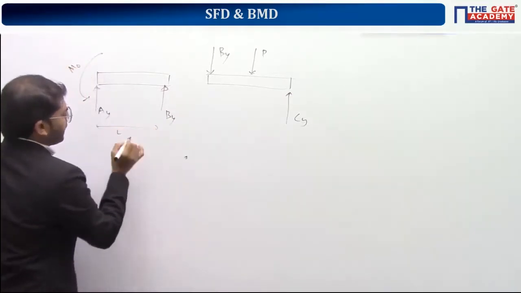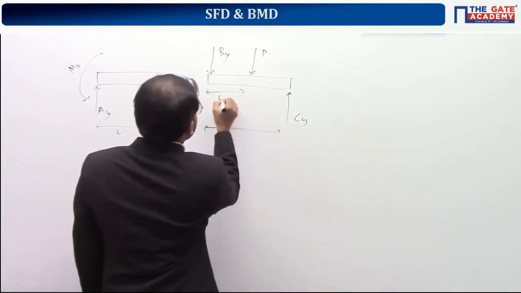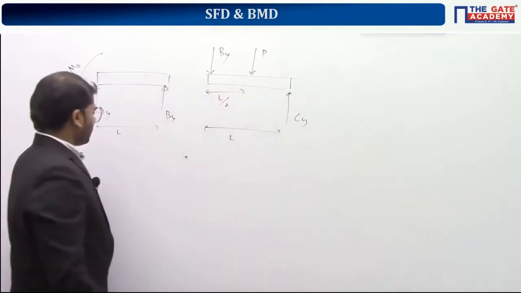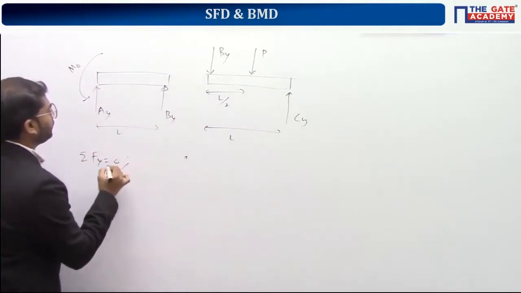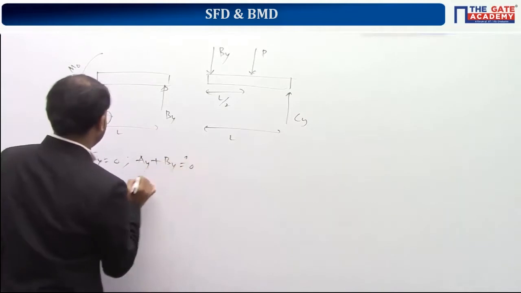The dimensions are L, this also L, and this L by 2. You should get the value of reaction moment M naught. If you apply the equations, sigma Fy equals 0 gives AY plus BY equals 0.